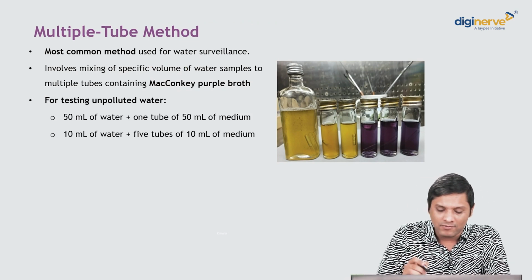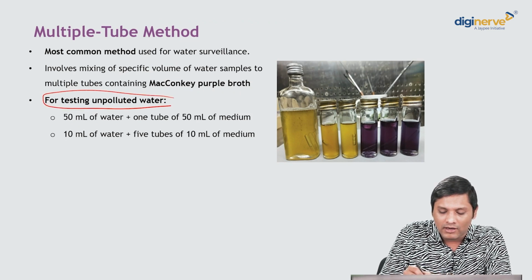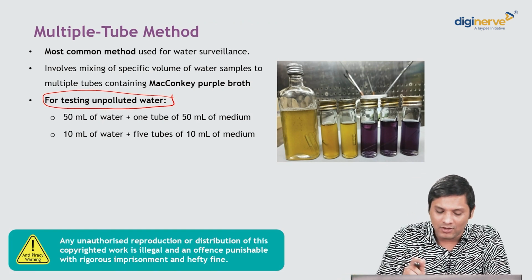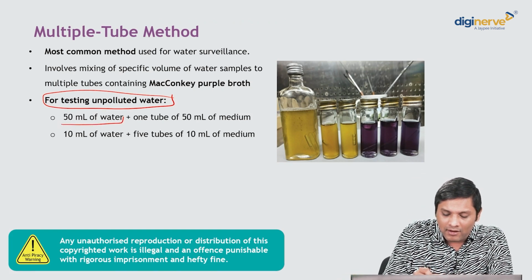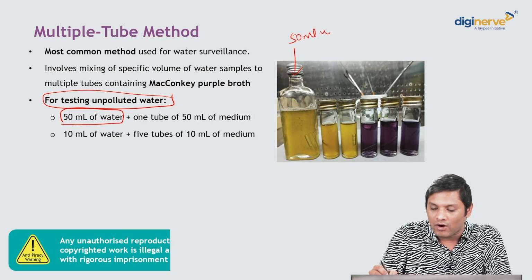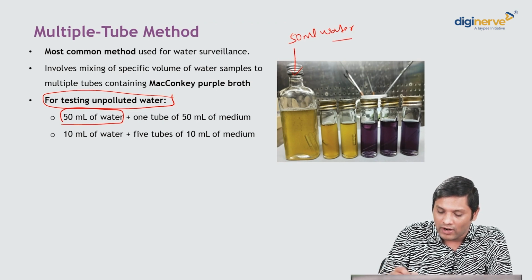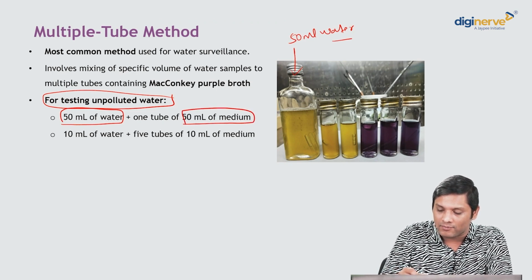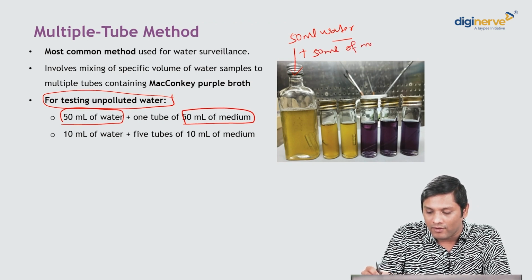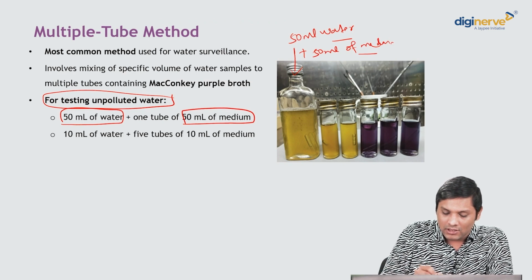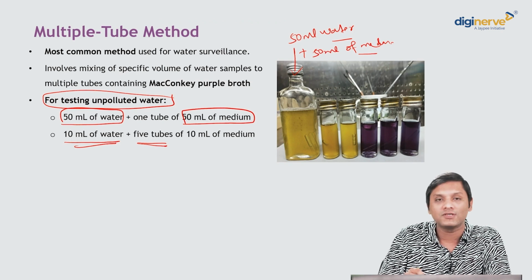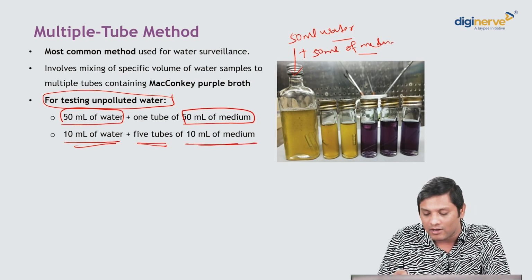For example, if you want to test unpolluted or non-turbid water, then the method is like this. You have to add 50 ml of water to one tube containing 50 ml of the medium, plus 10 ml of water added to each of 5 different tubes, each containing 10 ml of the medium.